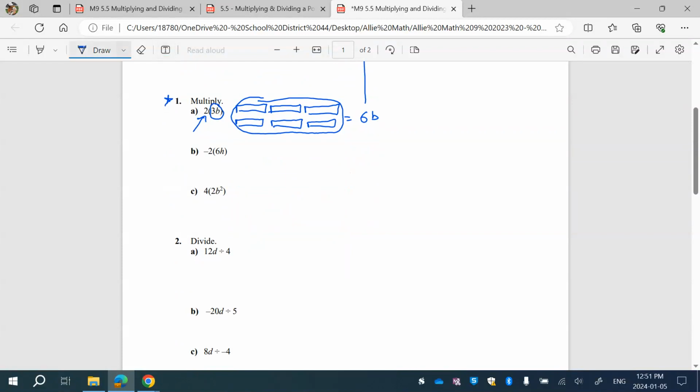So let's draw out this whole polynomial right here, 12d, but we're going to draw it in 4 rows. So 1, 2, 3, 4. So that would mean that each row, when I draw out these 12 algebra tiles, it's going to look something like this. Okay, here we go. That's 9, 10, 11, 12.